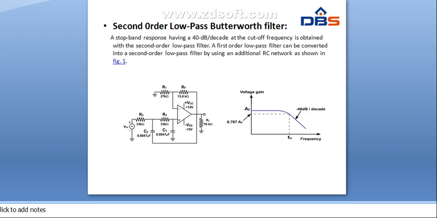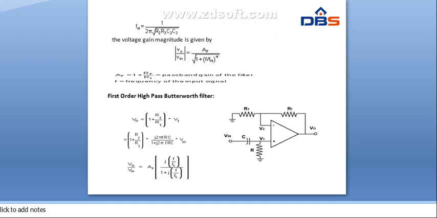In the second order low pass filter, the cutoff frequency is 1 by 2 pi RC, in the place of R it comes R2, R3, and in the place of C it is C2, C3. So here the voltage gain magnitude is mod V0 by Vin is AF by square root of 1 plus F by FH whole power 4. In the first order low pass filter it is whole square, but in the second order low pass filter it is AF by square root of 1 plus F by FH whole power 4.